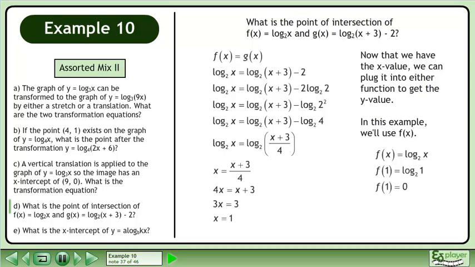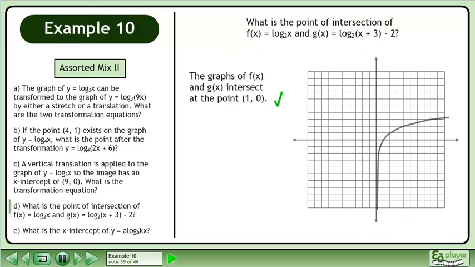The base 2 logarithm of 1 equals 0. The graphs of f of x and g of x intersect at the point 1, 0. If we draw both graphs, we can see the point of intersection at 1, 0.